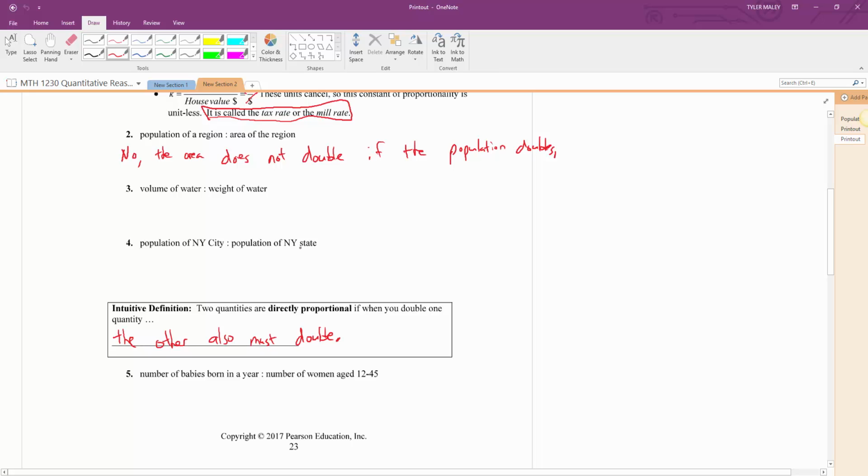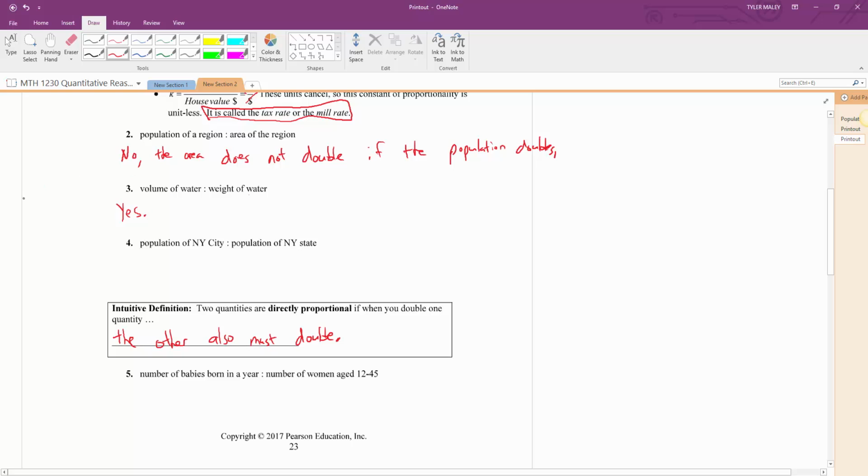So then number 3, we have the volume of the water compared to the weight of the water, right? So in other words, if I double the volume of water, will the weight double? Or if I double the weight of the water, will the volume double? And if you think about this for a minute, this would be yes, right? So for every 1 cubic foot of water, that's going to have one specific weight.